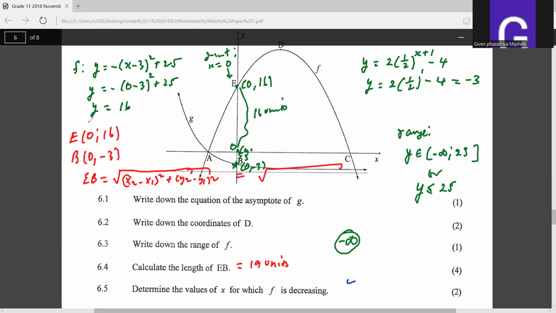The x2 is 0, x1 is 0, squared; y2 is 16, minus, there's a minus into minus 3, which is plus 3, squared. If you apply your calculator, it will be the root of 19 squared, which will still be 19 units.